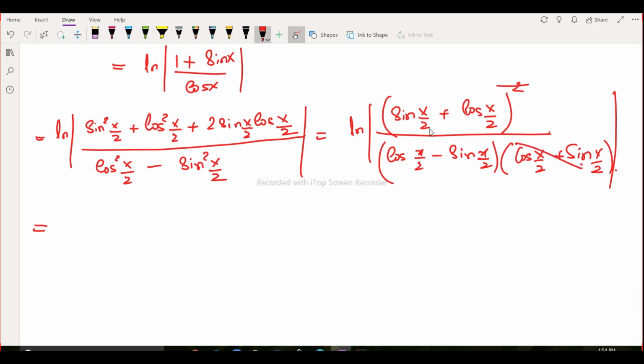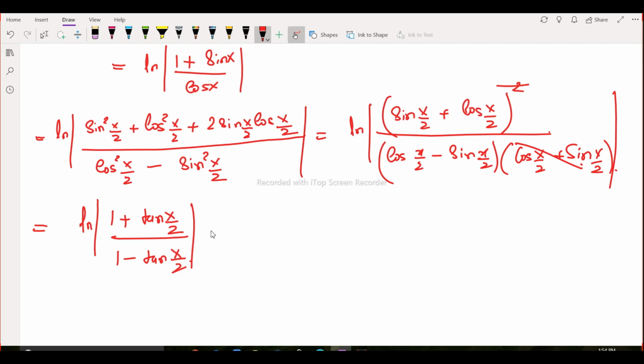Now what I'll do is divide numerator and denominator inside the log by cos(x/2). So what I'll get is (1 + tan(x/2))/(1 − tan(x/2)).